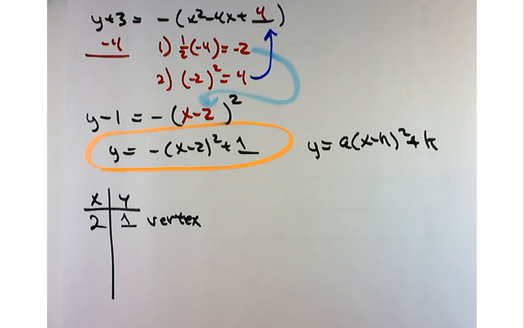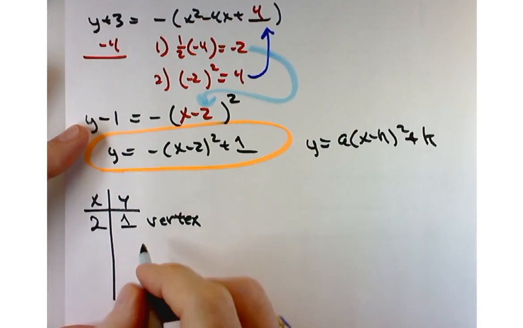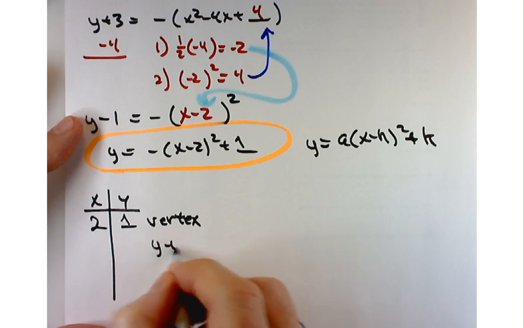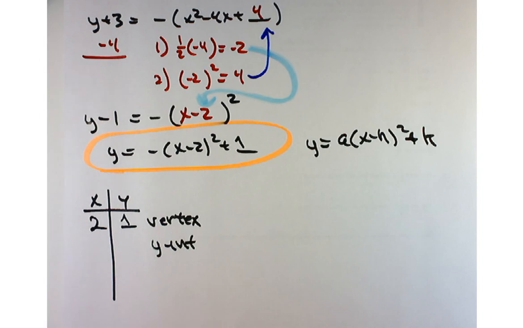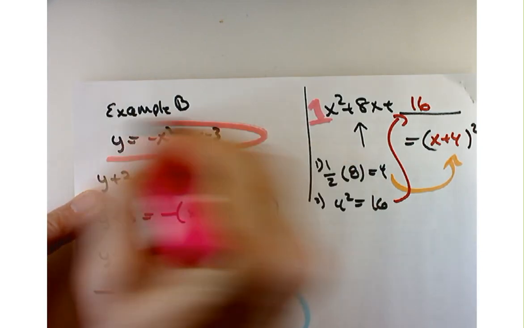There's a couple other things we're going to want to find in terms of this problem. I'm going to want to find, for instance, the y-intercept. How do you find the y-intercept? Set x equals 0. Let me point out something for you. You've got two different expressions here.